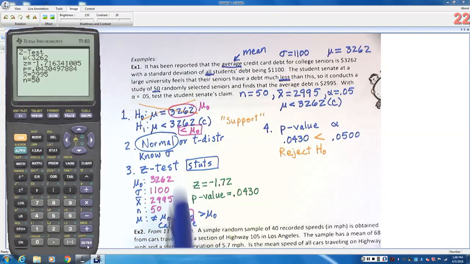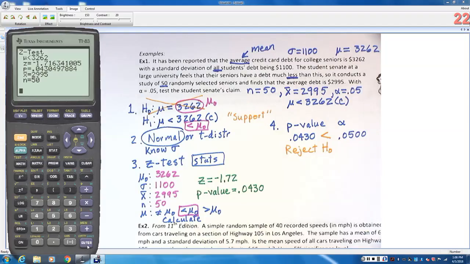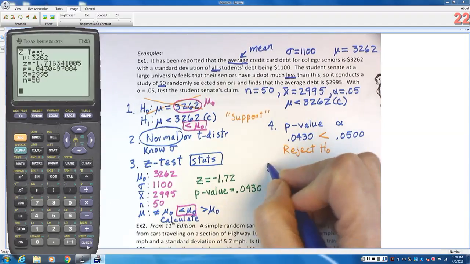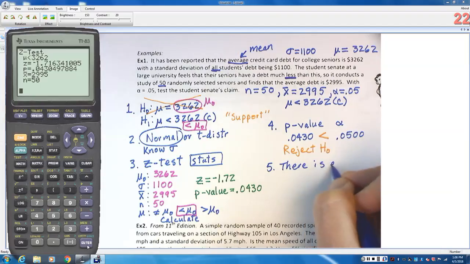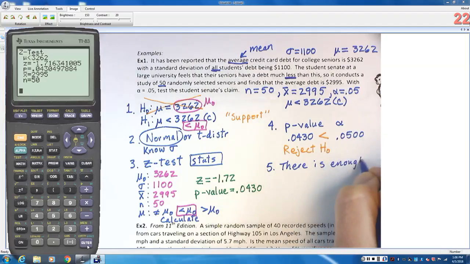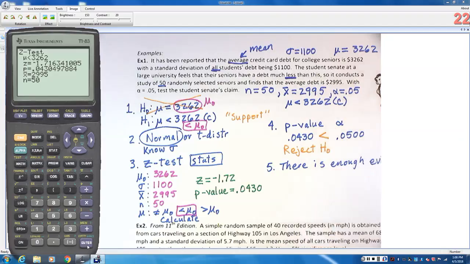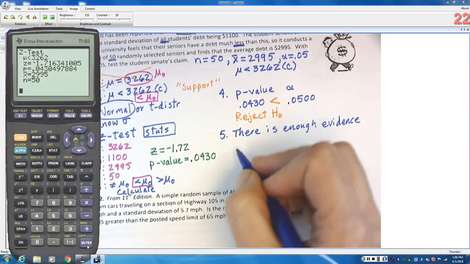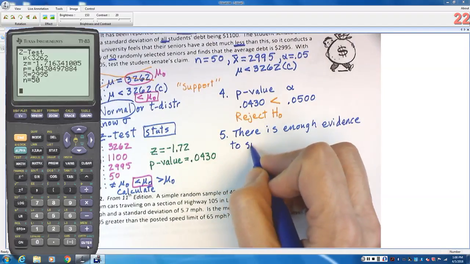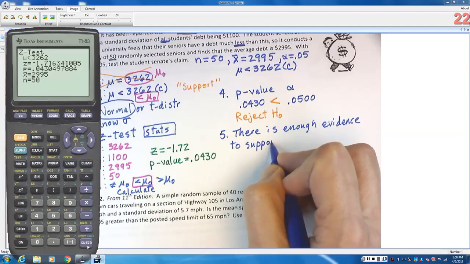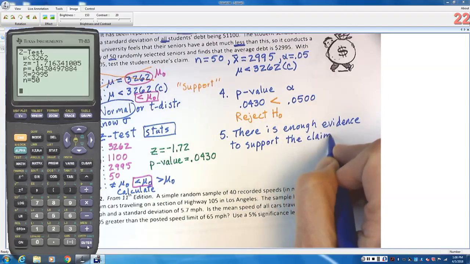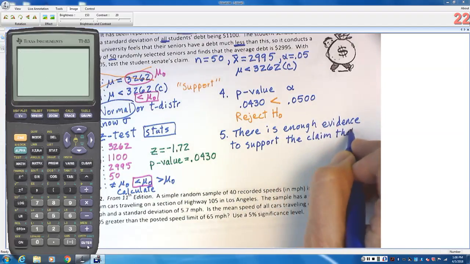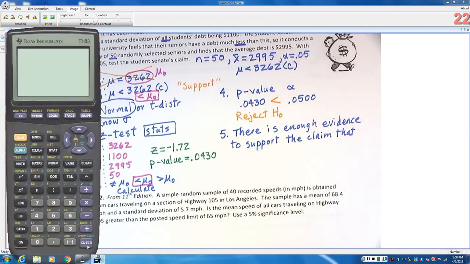Well, we didn't cross the claim out, so there is enough evidence to support the claim. And you have to write the claim in words.